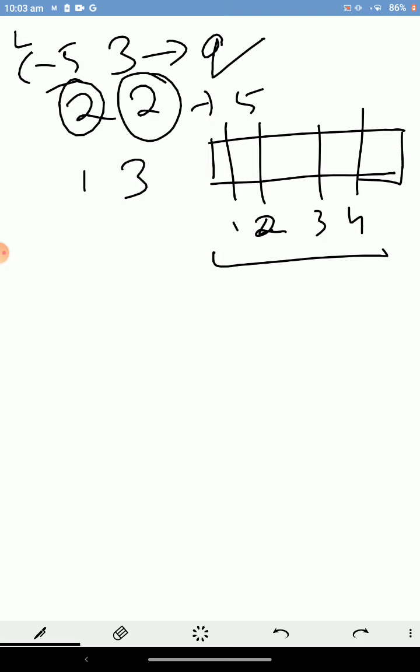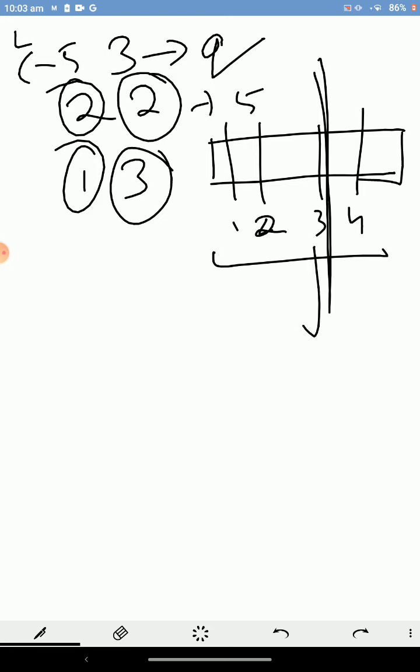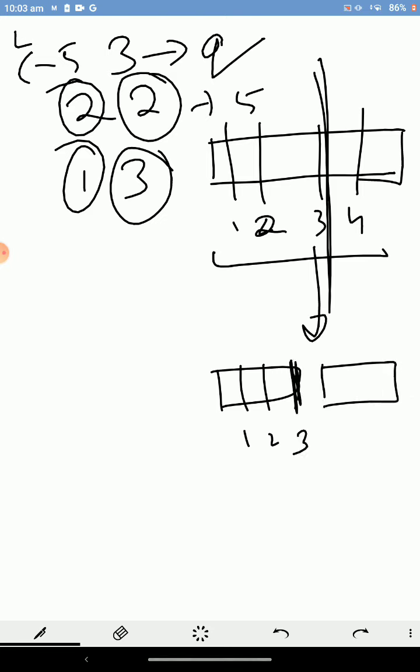Then 1 3. The next query is of type 1 and we have to cut the wood into two pieces from the point 3. So the new pieces would look like this: 1 2 and 3, and then 4.